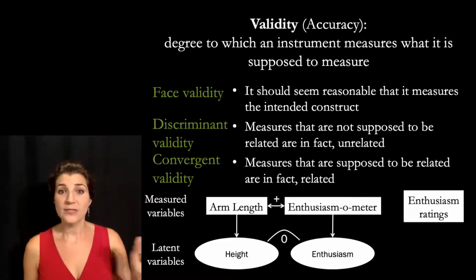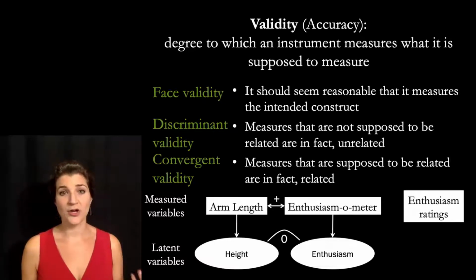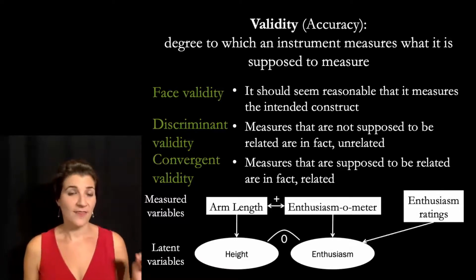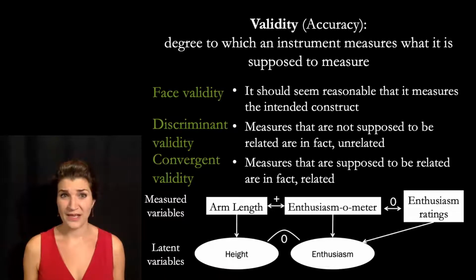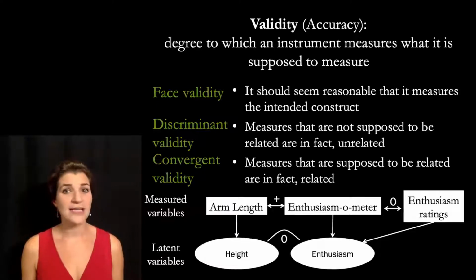So that is also supposed to tap into the underlying construct of enthusiasm as well. So if we compare levels of enthusiasm from the enthusiasmometer and the self-report measures, they're not related. They should be. They're both supposed to measure the same underlying construct. They should correlate with one another. If they aren't, that indicates weak convergent validity.